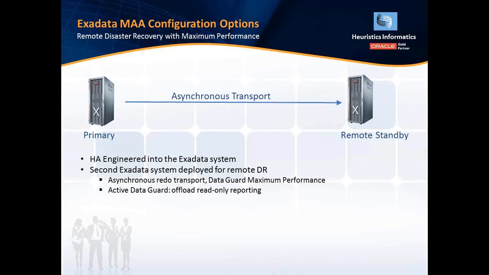Your redo transport is asynchronous, so your Data Guard is configured for maximum performance, with the understanding that the asynchronous transport will move all your data over to the remote location. However, your recovery time objective would be higher than what you would see in a local DR.